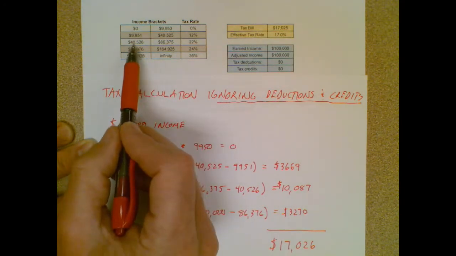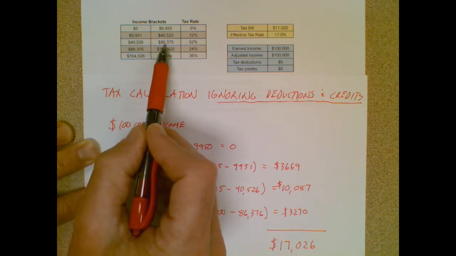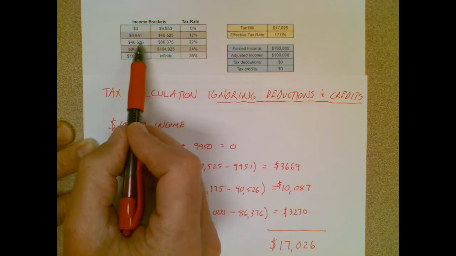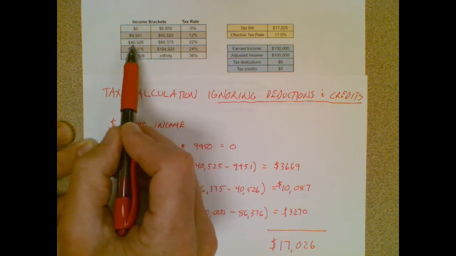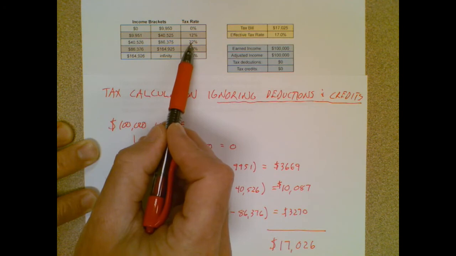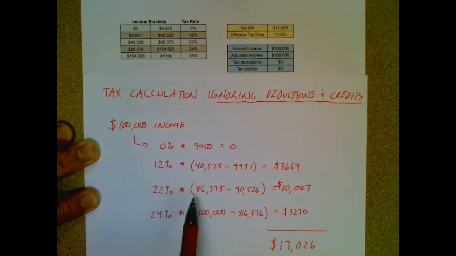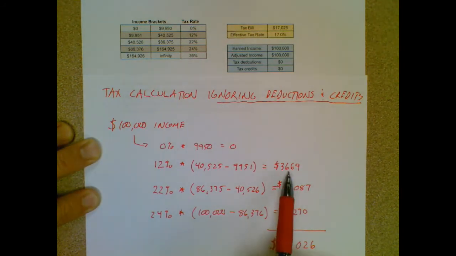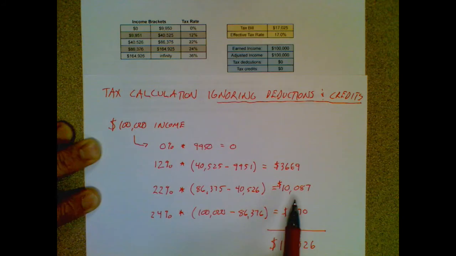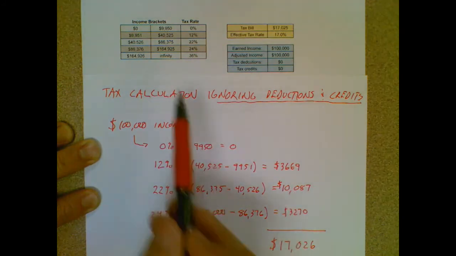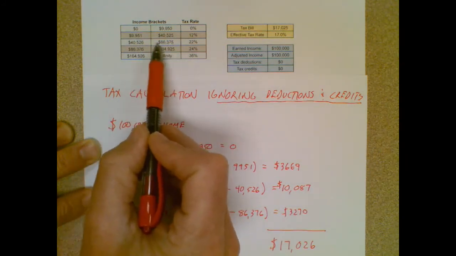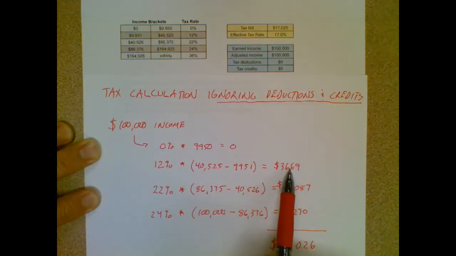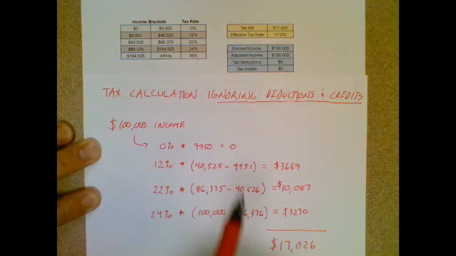So the next dollars, from $40,526 all the way up to $86,375, are taxed at 22%. So 22% times all the dollars in there gives me another $10,000 plus that I'm going to add to this amount. This is the amount of taxes paid on the dollars earned in this range.